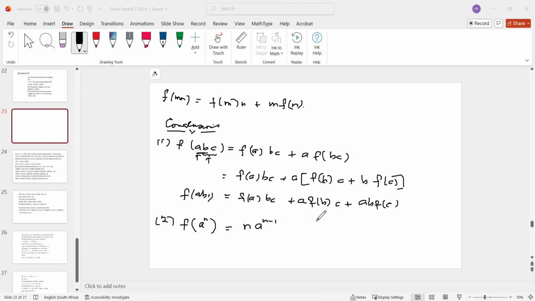If you have done calculus, this looks very much like the derivative of a power, N times A to the N minus 1, but you have to multiply this by f(A). All right, and this is true no matter what positive integers you take for A and N.